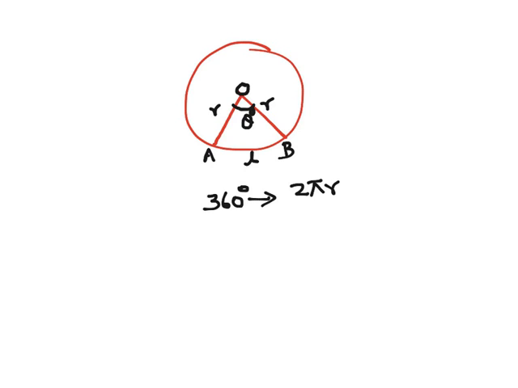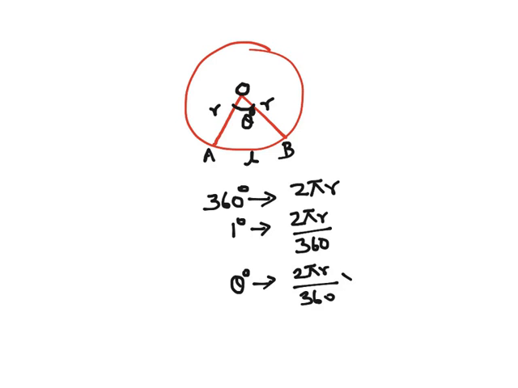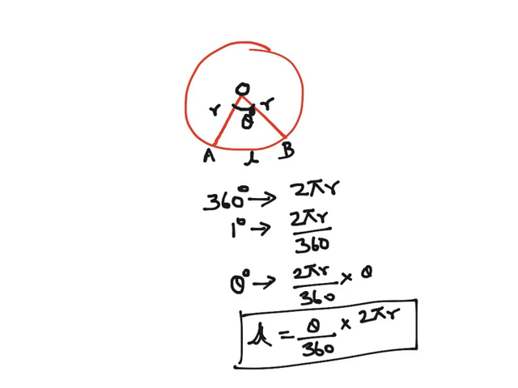So 360 degrees gives us 2 pi r, which means 1 degree will give us an arc length equal to 2 pi r divided by 360. What will be the length of the arc if the central angle is theta degrees? You just have to multiply 2 pi r by 360 into theta. So the answer is theta divided by 360 into 2 pi r. This is the formula to find the length of the arc.